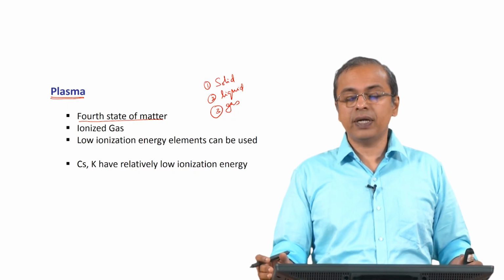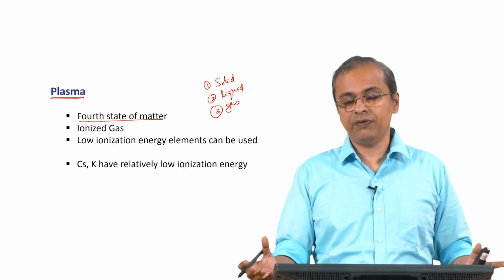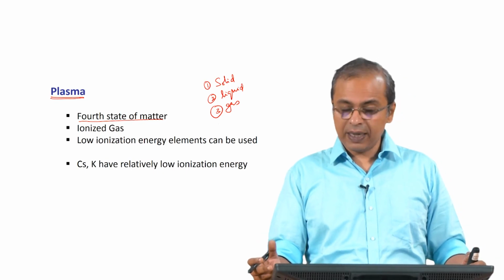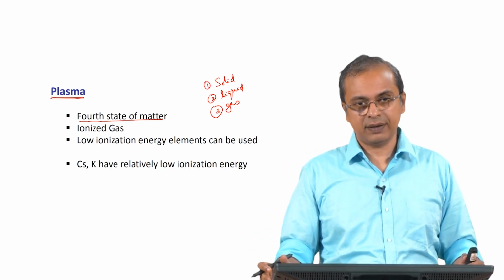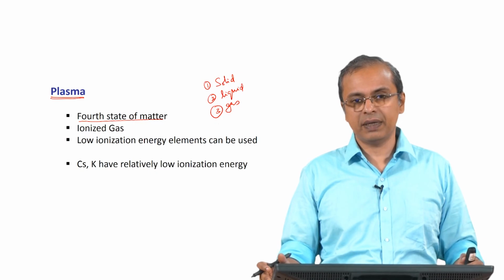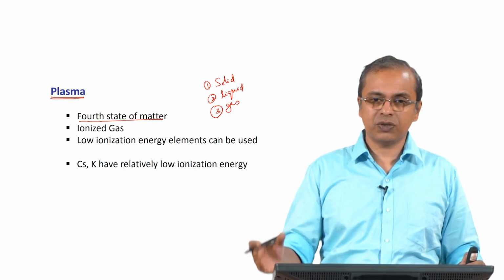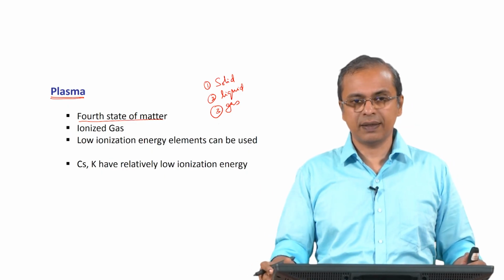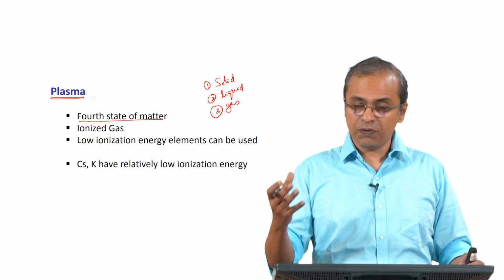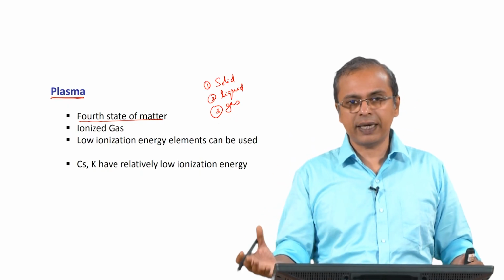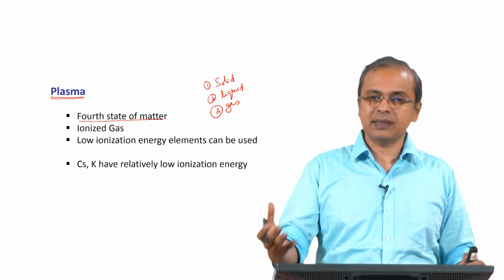Interestingly though, if you take the solar system and you take the universe as a whole, plasma is the most common form of matter. Okay. So, it is easily considered as the most common form of matter. It is there across the universe. There is a lot of ionized material around the universe. So, for example, in all the stars, in the sun for example, the temperature is so high that the material stays in the ionized state.